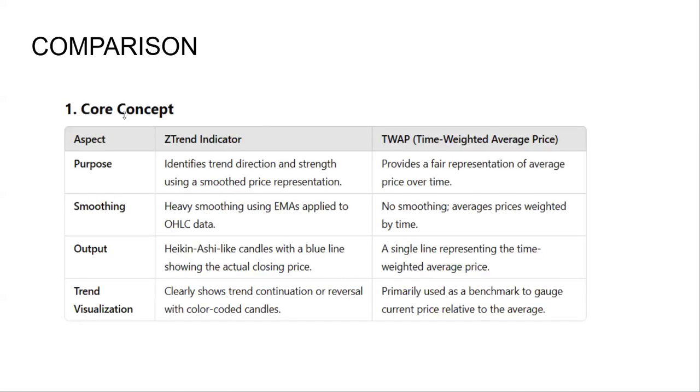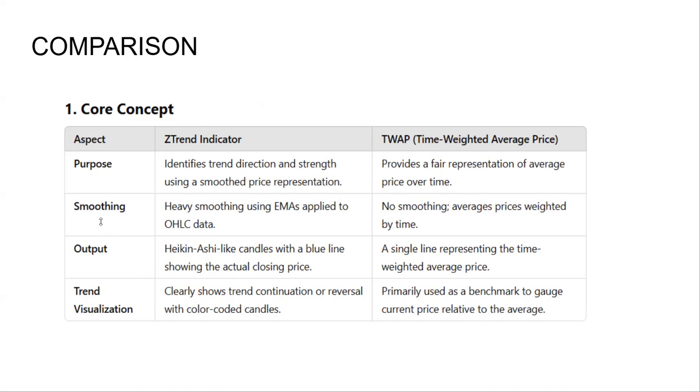We will compare the core concept involved in the Z trend indicator as well as the TWAP. The trend indicator identifies the trend direction and strength using a smooth price representation. TWAP provides a fair representation of average price over time.